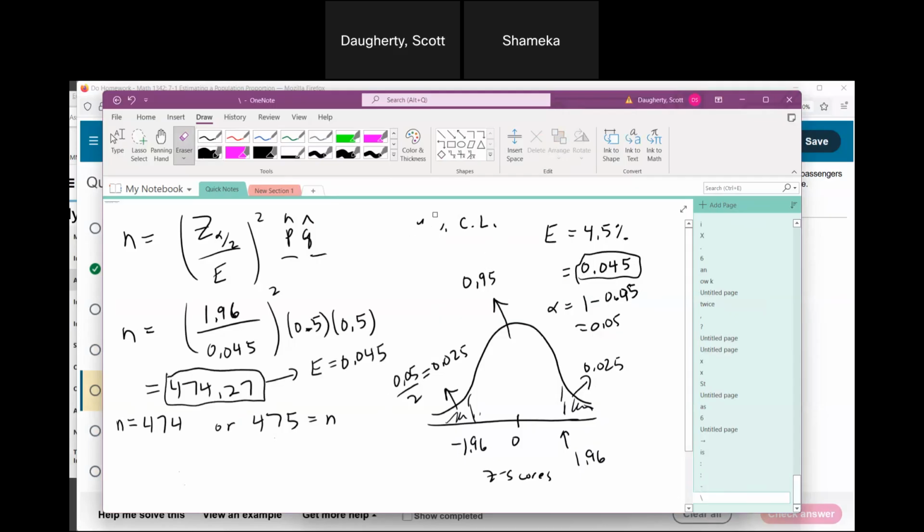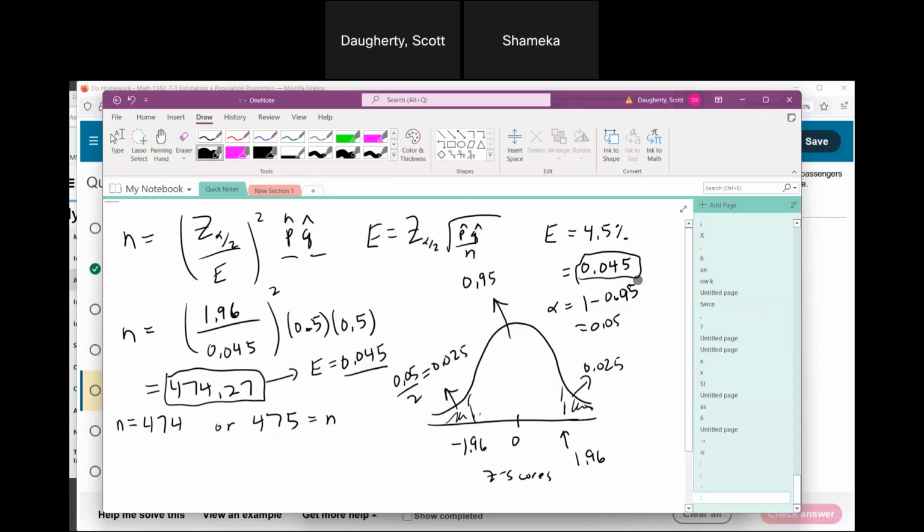In fact, if you want to go back to the original formula, margin of error, which was this. Okay, if you plug 1.96 in for z, and then 0.5 in here for p hat, and 0.5 in for q hat, and then plug in 474.27 for n right here, that's when you get e to be exactly 0.045.